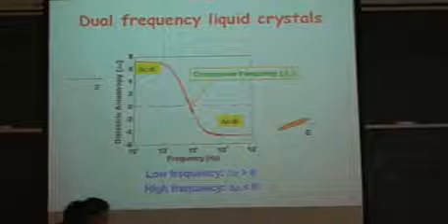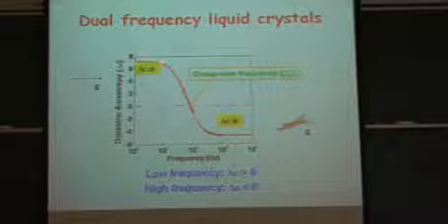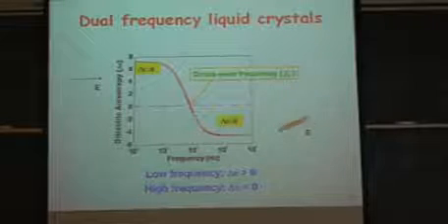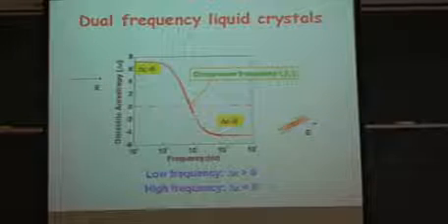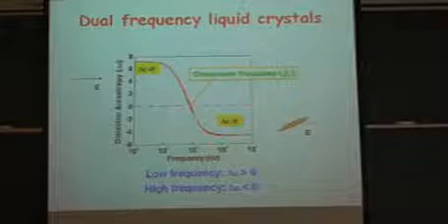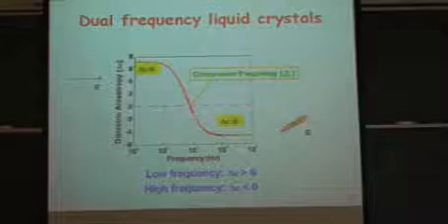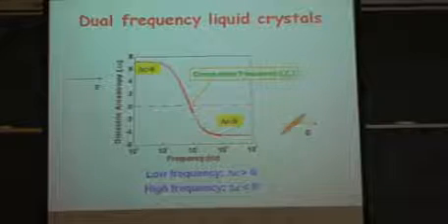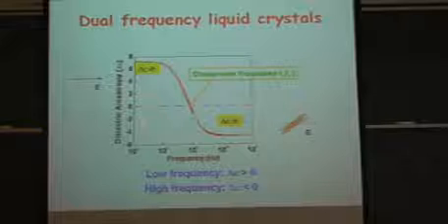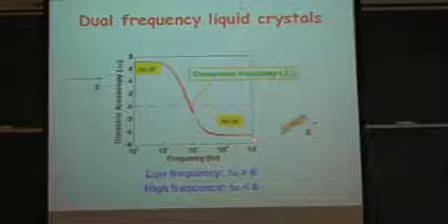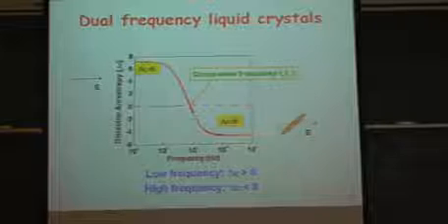Why? From this curve, you can see this is a linear add-up of negative liquid crystal and positive liquid crystal. For only positive liquid crystal, the dielectric relaxation will relax to 0. It can never be negative. But when we add the negative liquid crystal, the whole curve shifts down. So this value is decided by the negative liquid crystal.